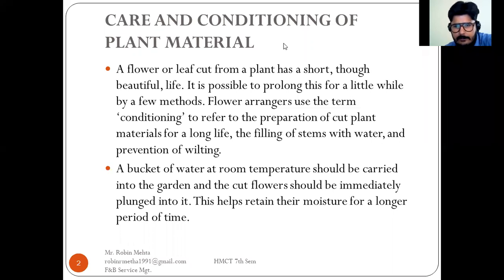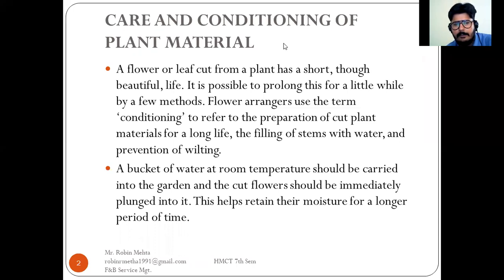Flower arrangers use the term conditioning. We give conditioning to them, which refers to the preparation of cut plant material for a long life, the filling of stems with water, and prevention of wilting. Now, you all know what conditioning is.